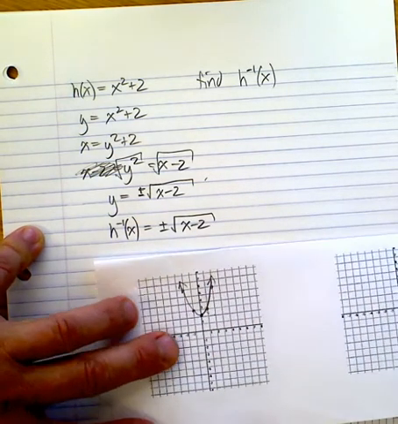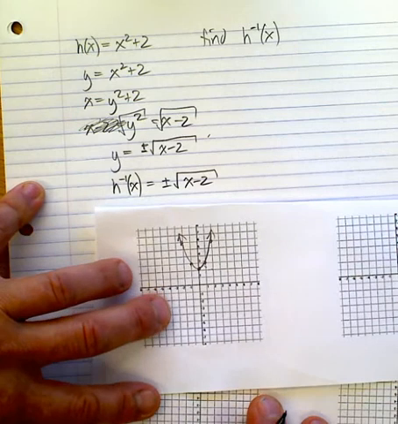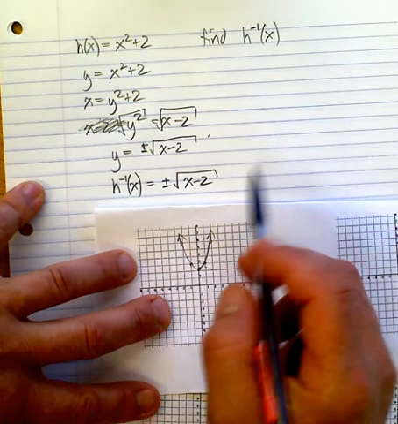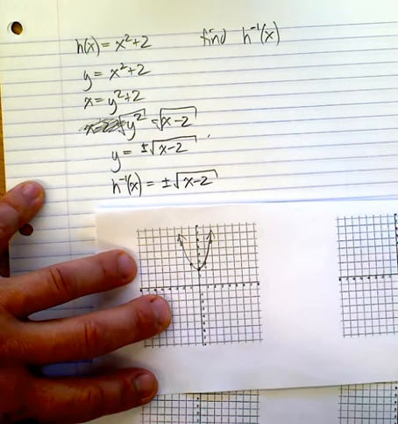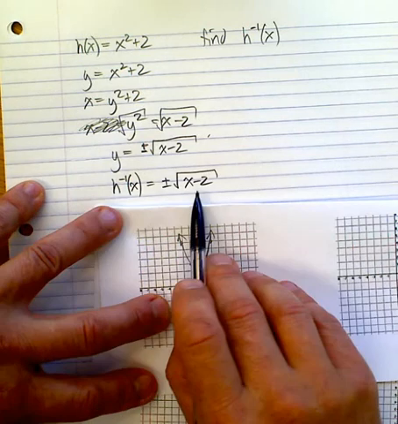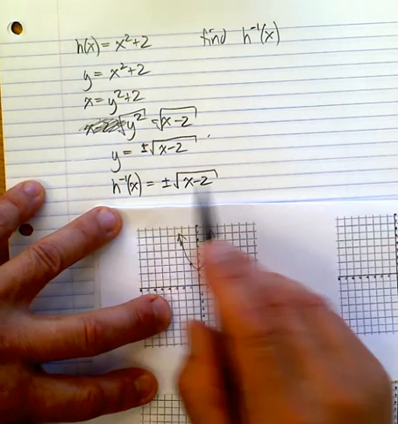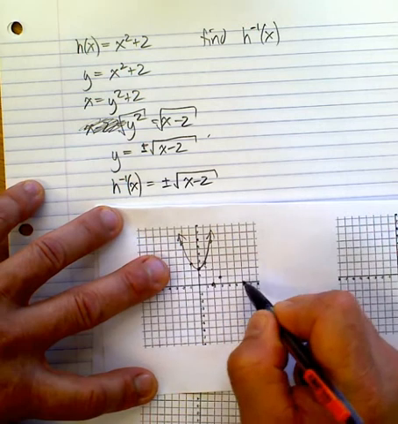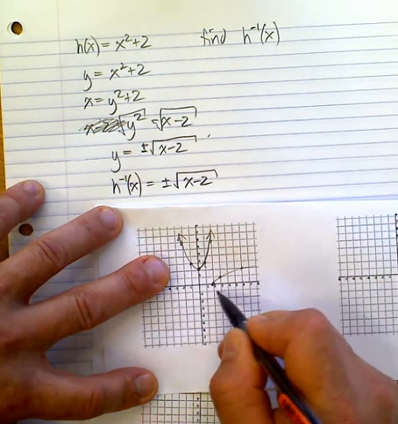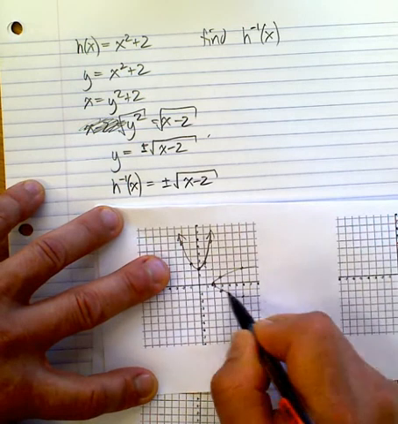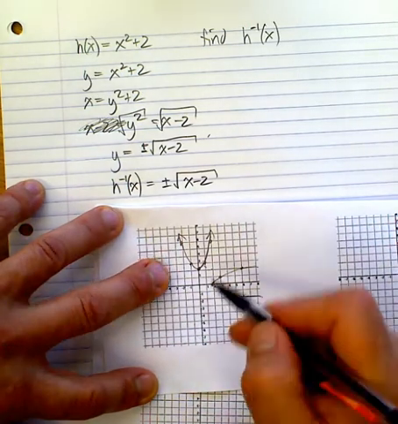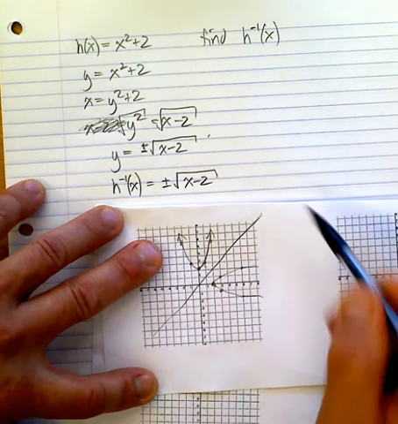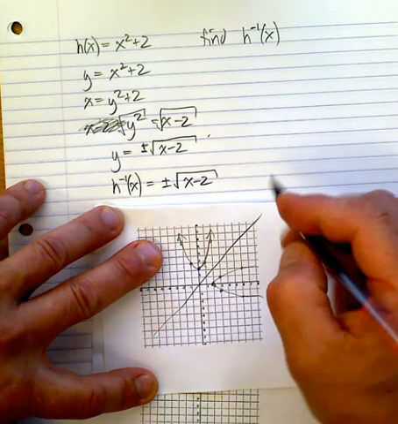Now let's look at the connection between these expressions and the graphs of them. This is like a radical that's gone to the right 2. The positive version on 1, 4 is up top here. The negative version is down on the bottom. Boom, there you go. Now you can see that this is also a reflection over the y equals x axis.